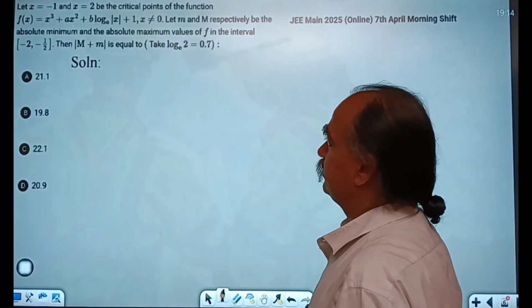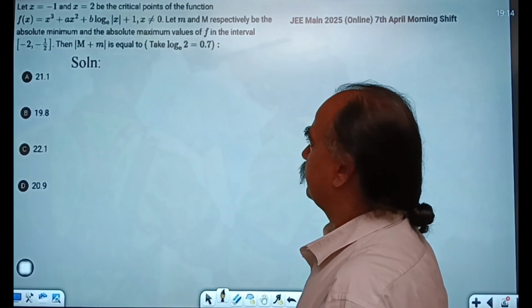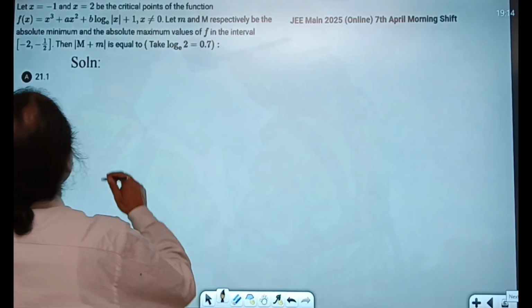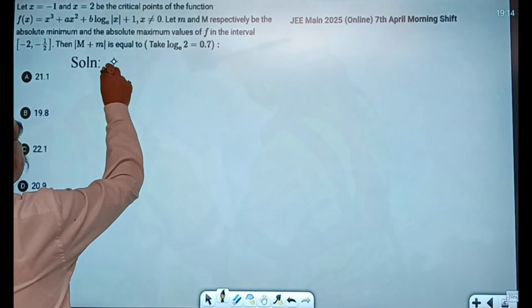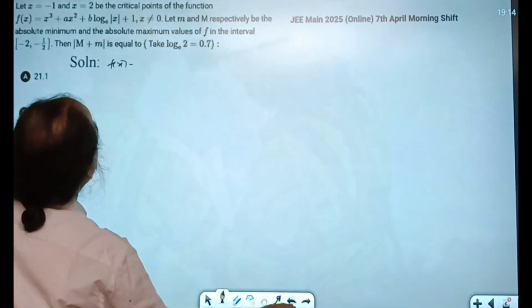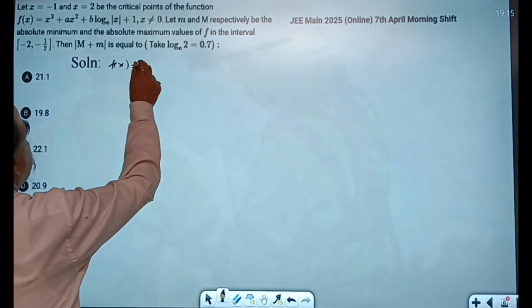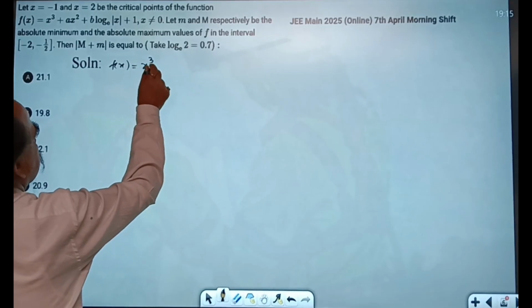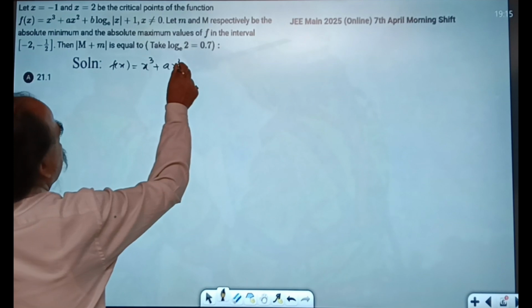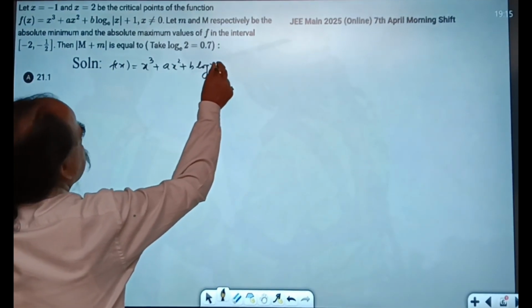Next problem is what? Let x equal to minus 1 and x equal to 2 be critical points of the function x cube plus ax square plus b log x. So f(x) is what? x cube plus ax square plus b log x plus 1.